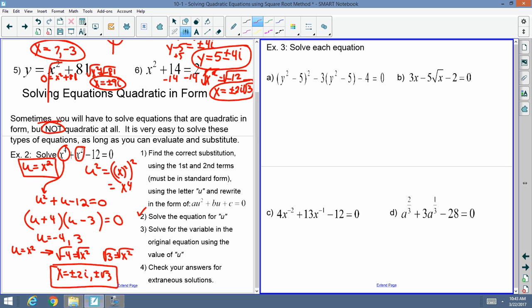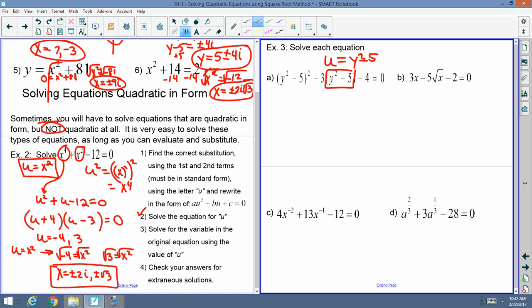But if I go ahead and say, wait a second, Morrill taught us that the u is the middle variable term, not the coefficient. So u equals y squared minus 5. That part is my u. You with me so far?